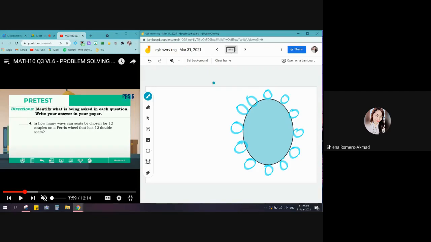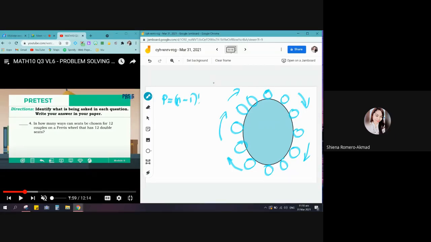So dahil it is arranged in a circular, and we can easily identify the counterclockwise and the clockwise arrangement or order of the couples, we can use the formula for circular permutation. Yung una, that's permutation of n minus 1 factorial.